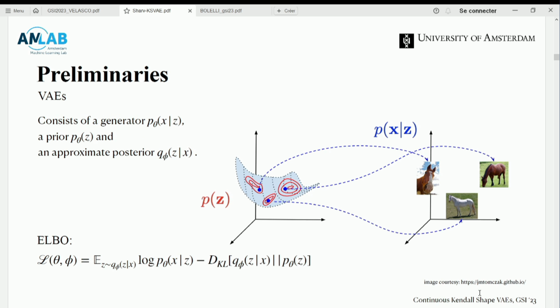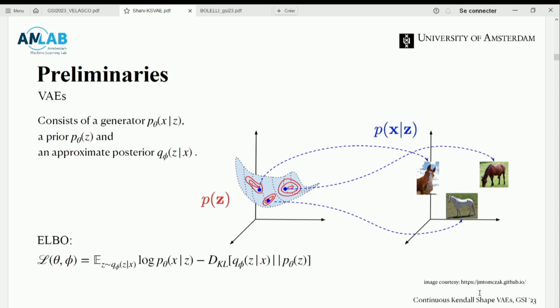A VAE, as most of you might know, consists of three things: a generator, a prior, and an approximate posterior. Given these images, for example, you're trying to have a low-dimensional space called a latent space represent the data, and learn a distribution over this rather than just an encoding as in an autoencoder. You learn the distribution, and then you approximate the posterior.